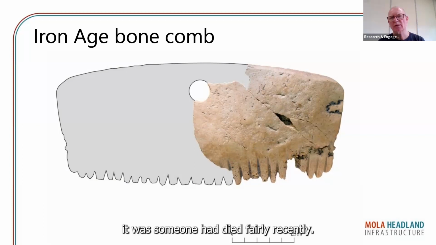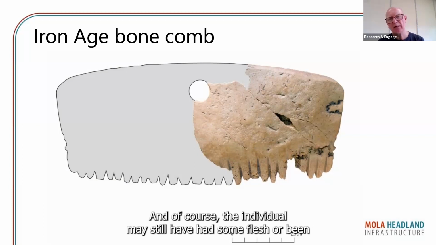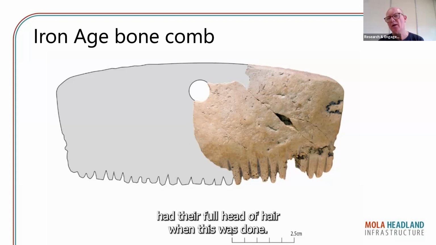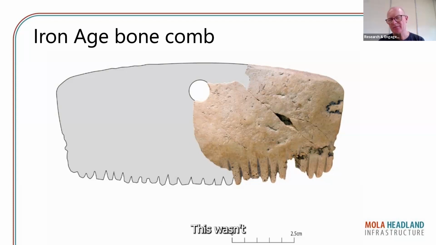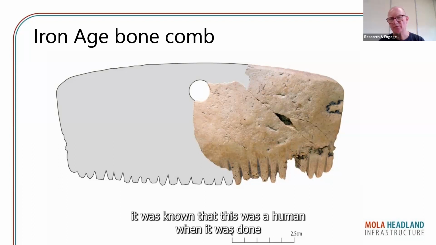It wasn't an old skull. It was someone who died fairly recently. And of course, the individual may still have had some flesh or their full head of hair when this was done. So it seems to have been a very deliberate act. This wasn't an act mistaken for an animal bone or something. It was known that this was a human when it was done.